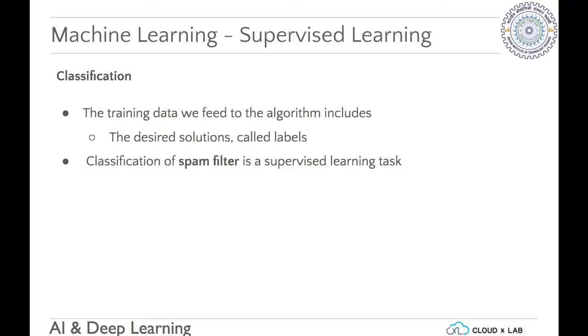It has a label saying this email is spam, this email is not spam. We already had the data in which each email was marked as spam or not spam, and we are feeding that to the algorithm. So this is called classification. Classification is basically categorization given the historical data on the categories.